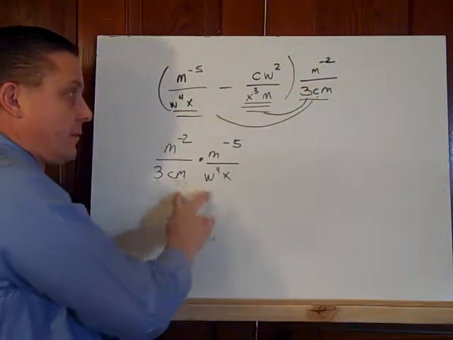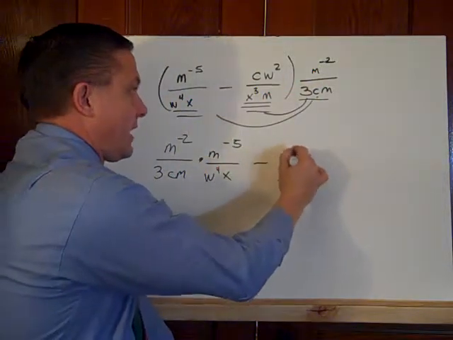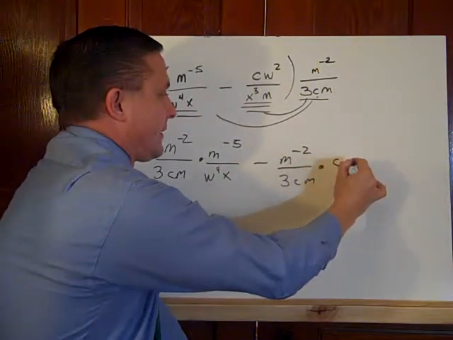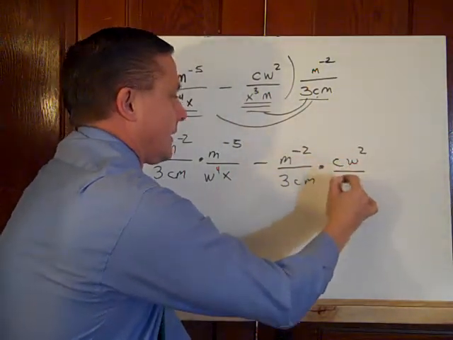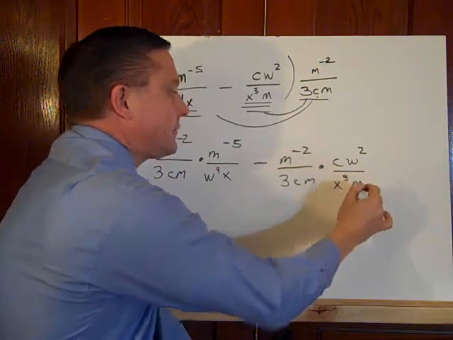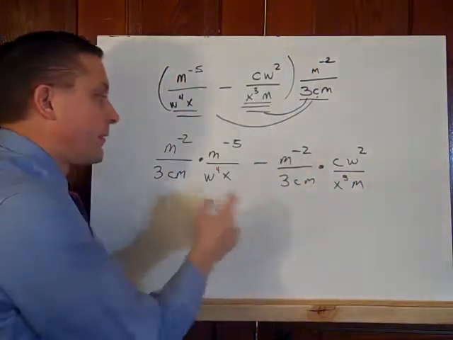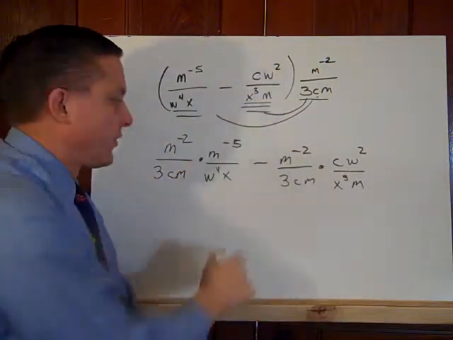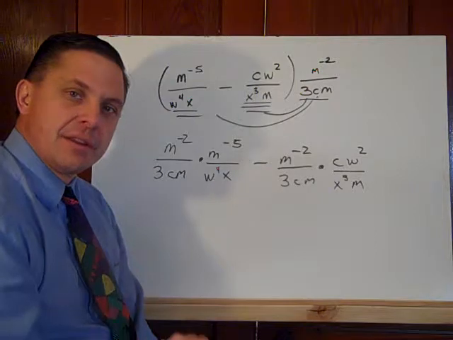Here is AB, then I have minus AC. Now I've distributed it, now I have to simplify. I've gone from one large term of 2 factors to 2 terms in a difference this time.